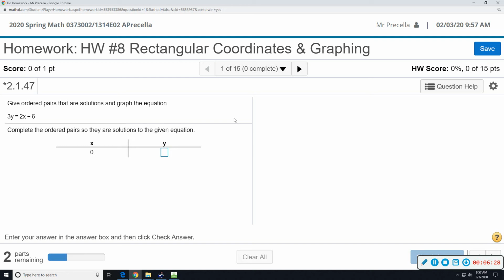So let me write problem number 1. 3y equals 2x minus 6. We're given an XY table that we're going to be filling in here.